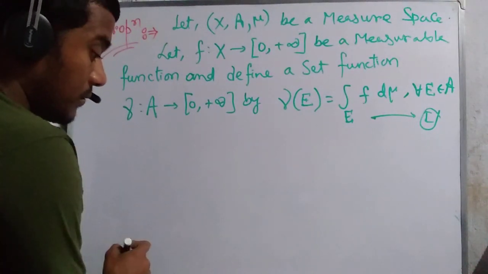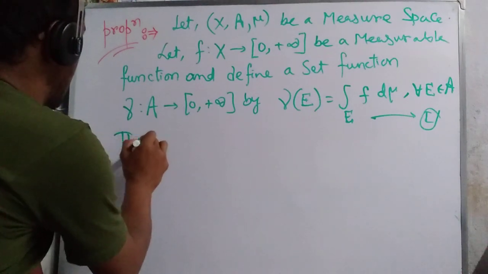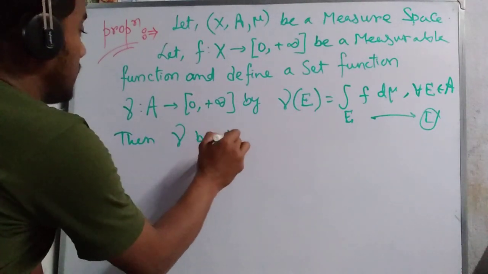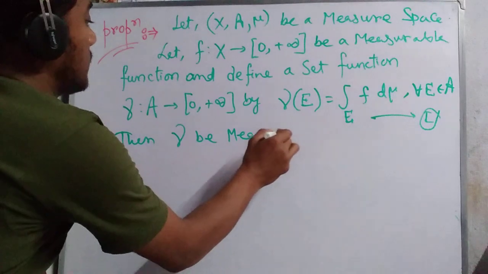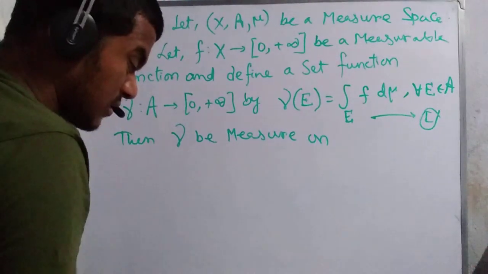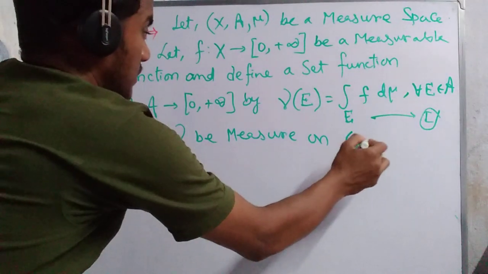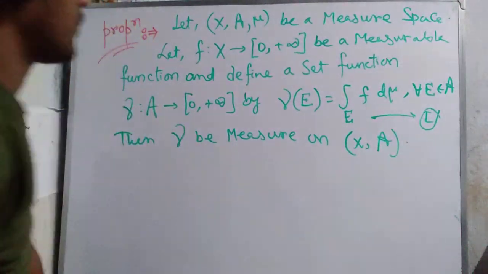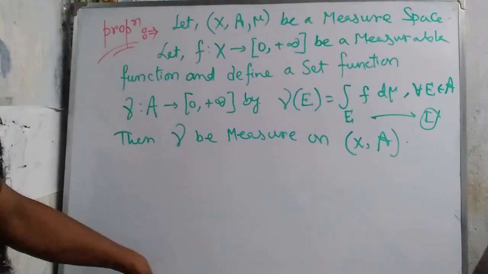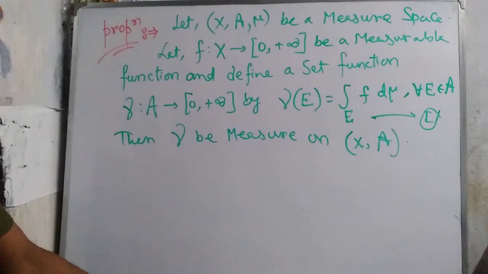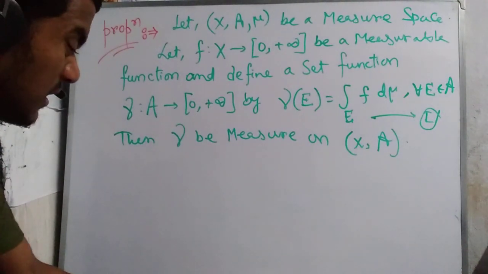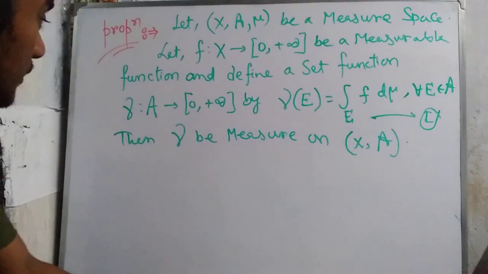Then γ be a measure on (X, 𝒜). Okay, and obviously we talk about another one.